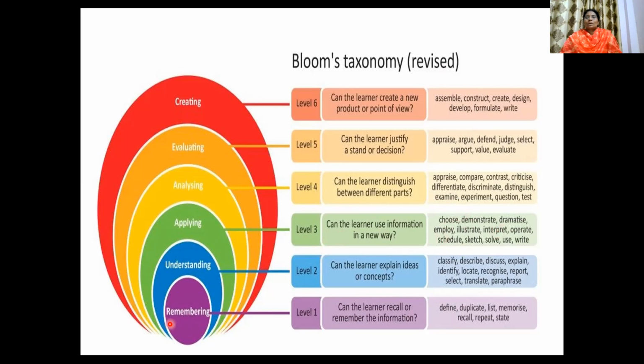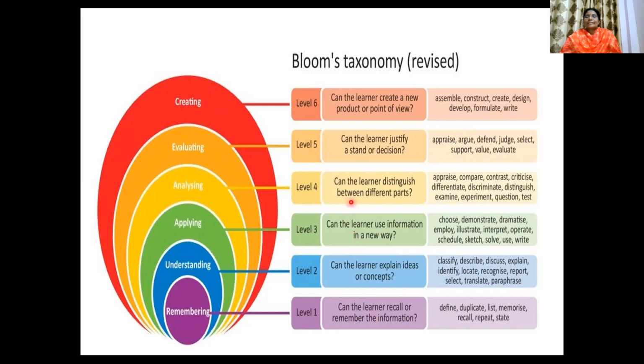Suppose in our ECA subject, we take any circuit and discuss it. After that, we understand it, then that will be applied to any of the amplifiers, and then you analyze that, and then you evaluate. You evaluate by using the fifth level, and then you create any new circuit diagram and where it can be used. This is the sixth level.